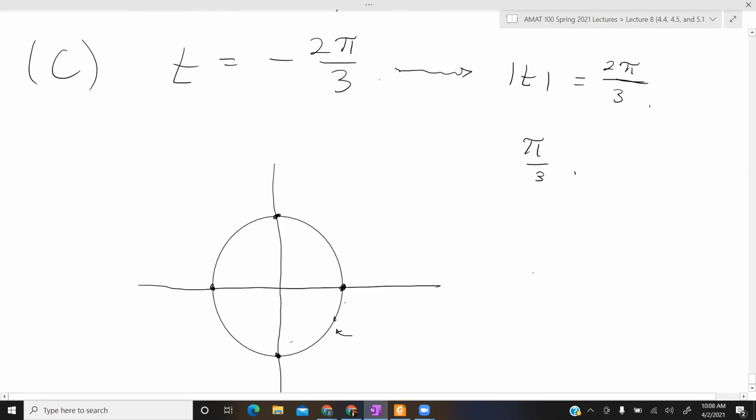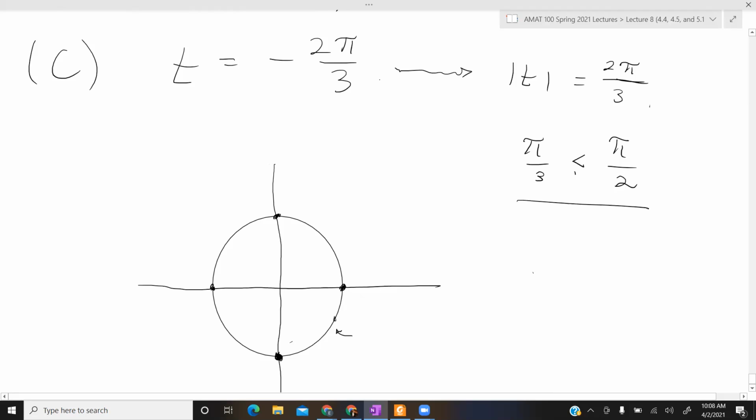Pi over 3 is less than pi over 2. If you travel pi over 2 in the negative direction, you end up at this point right here, right? This corresponds to negative pi over 2.